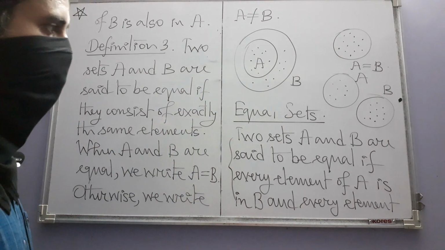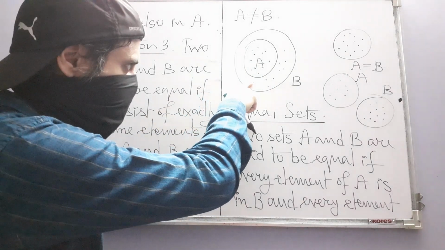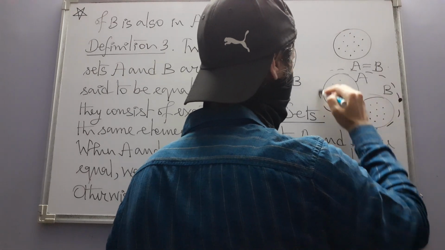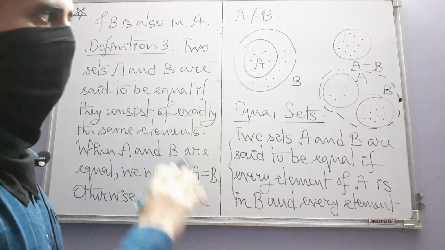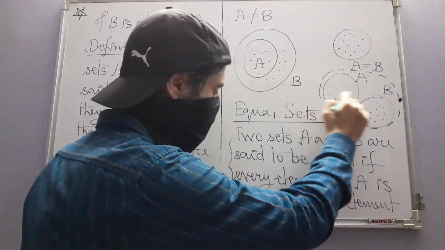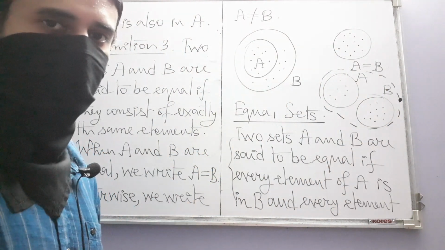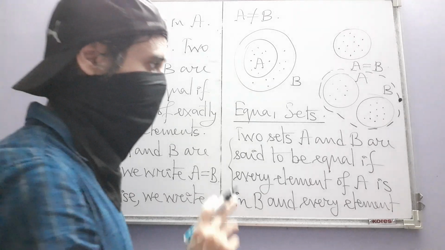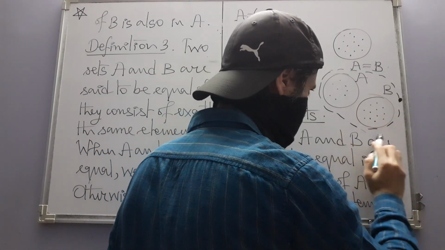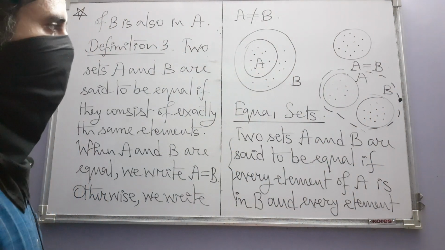Being not equal means having this, or for example, this. Here, every element of A is not an element of B. In fact, no element of A is an element of B. That alone tells us that A is not equal to B. But at the same time, let's also observe that no element of B is an element of A either.